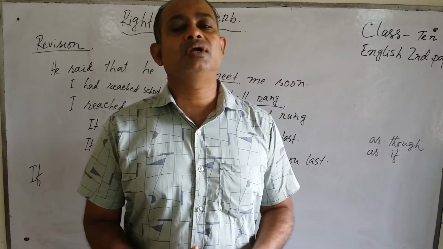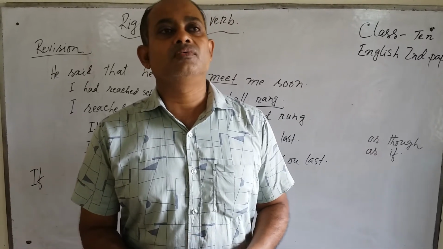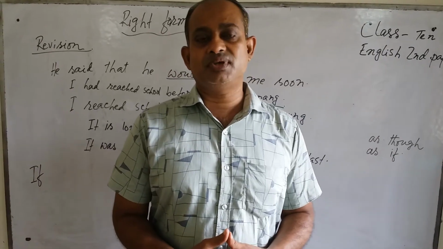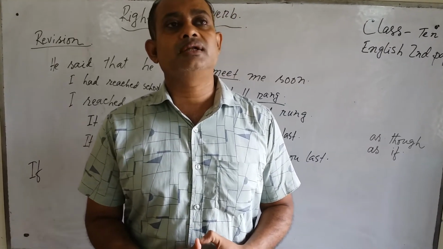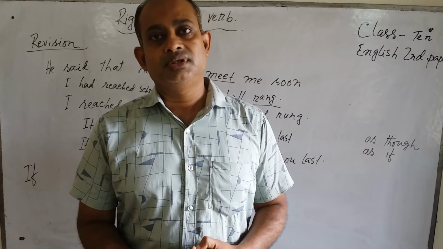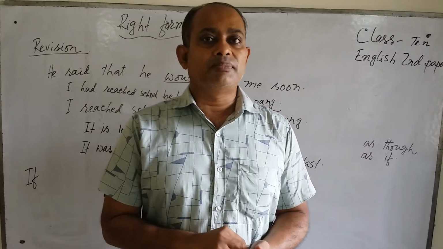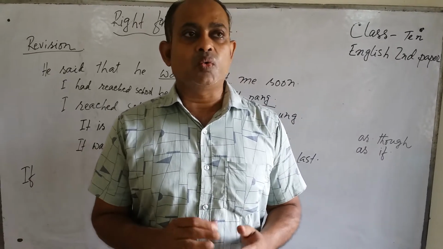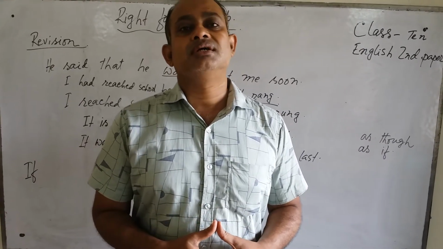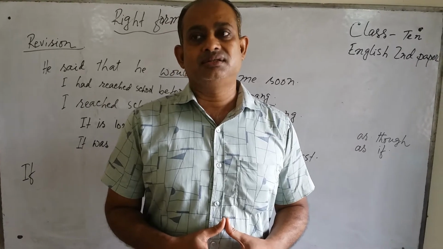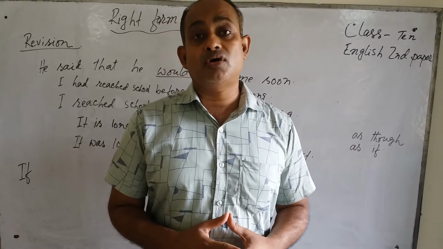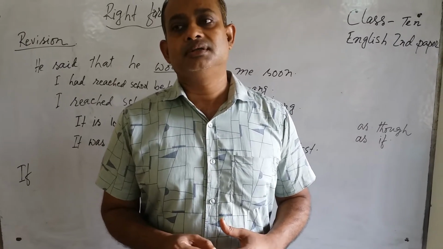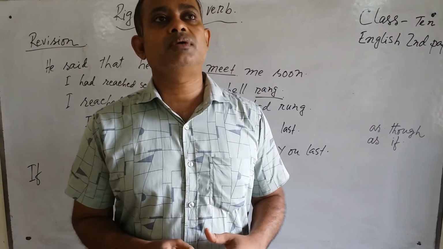We discussed where we use the base form, where we use the past form, where we use the past participle form, the ing form, and the s or es form. Basically, the base form of the verb is used in present indefinite tense, where the subject is not third person and singular number, and we use the base form after to.